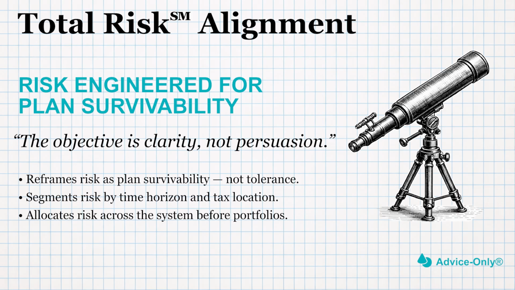Tax-deferred dollars behave differently from taxable dollars. Human capital, pensions, and Social Security act as risk-absorbing anchors. Total risk alignment, therefore, allocates risk globally across the entire financial system first, and only then assigns appropriate risk levels to each pool of money.